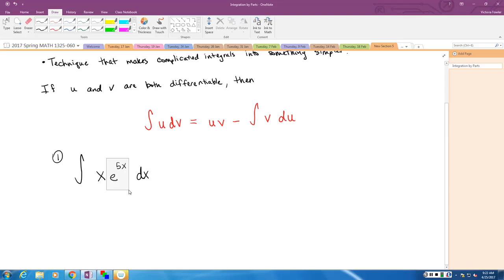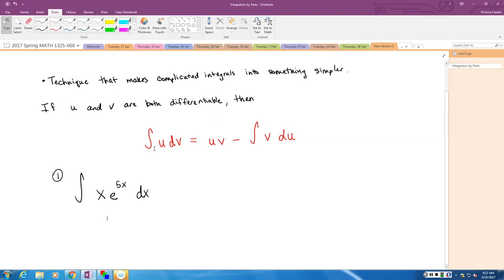You would make your u the 5x. Then when I find my differential, what's the differential of 5x? It's 5. Does that do anything to get rid of this extra x term? I go through all the thought processes I've had, and I can't do this with u substitution. So there has to be something different, and that's where we get to this integration by parts.